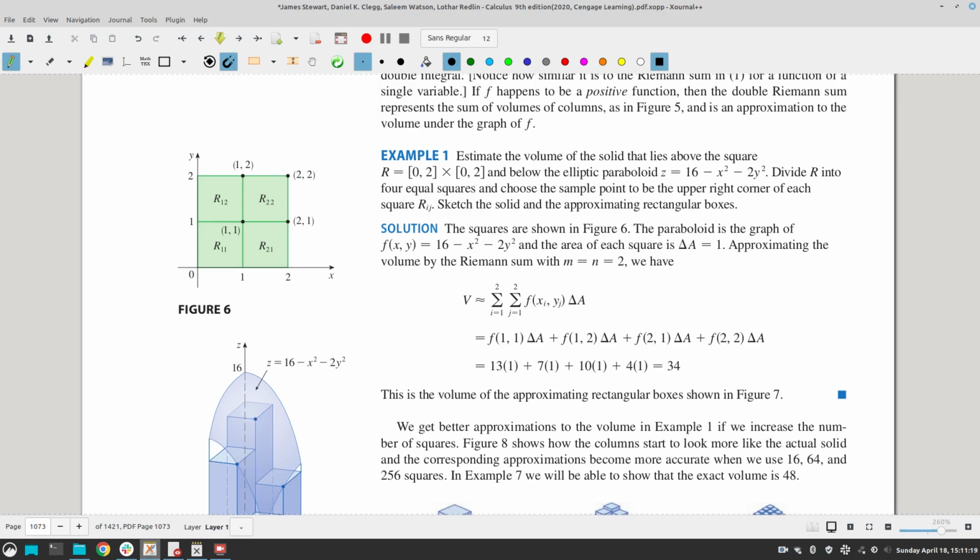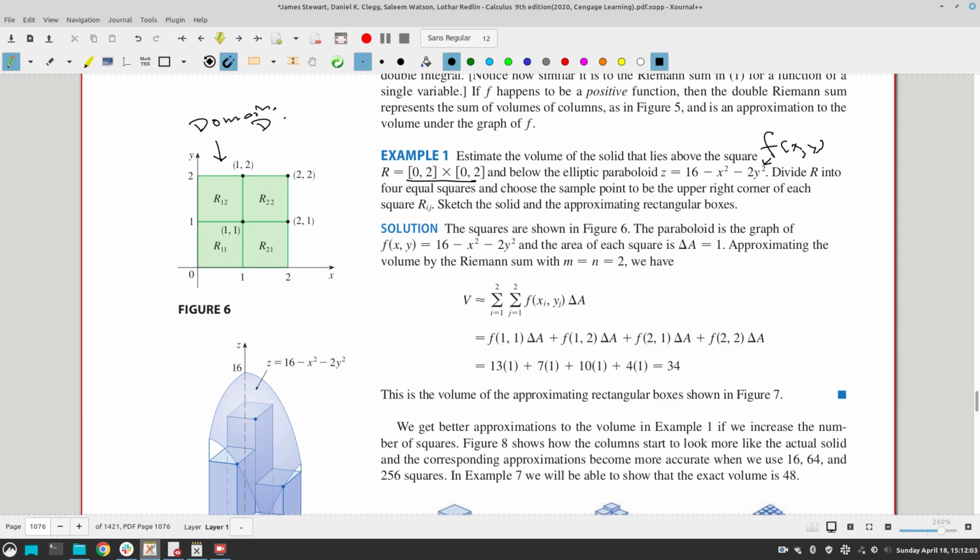This is my domain D, below the elliptic paraboloid z equals 16 minus x squared minus 2y squared. So f of x, y is this. Divide R into 4 equal squares and choose the sample point to be the upper right corner in each square, Rij. So if I divide this domain into 4 equal squares and I choose the sample point as the upper right corner, then my sample points are (1,1), (1,2), (2,2), and (2,1).